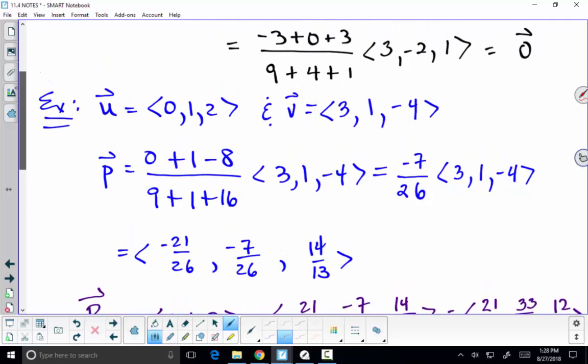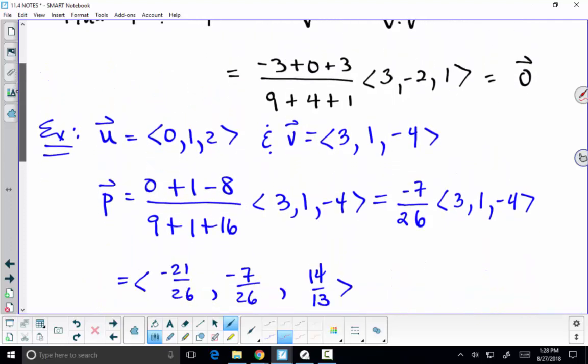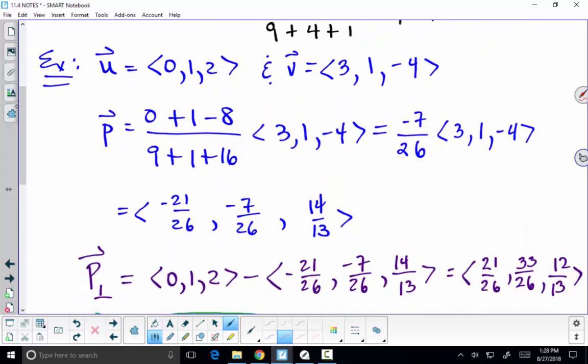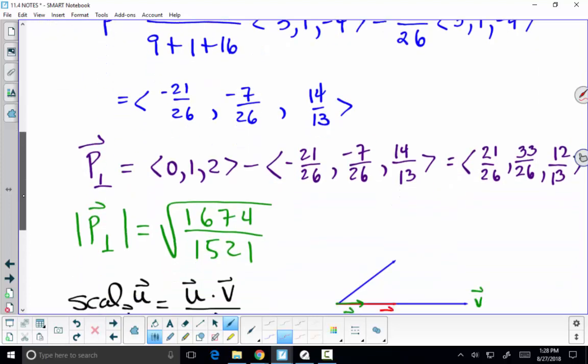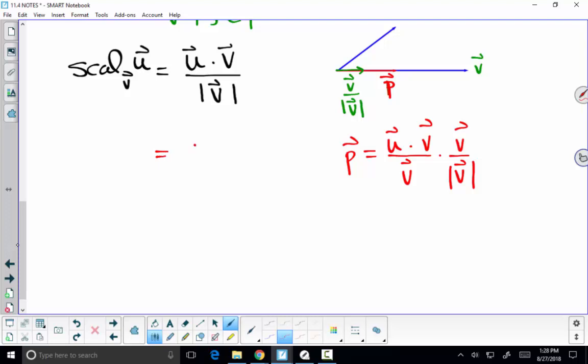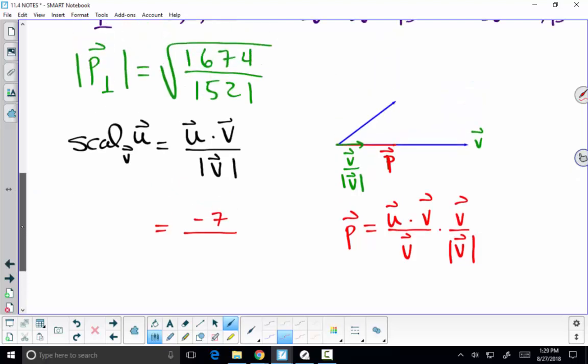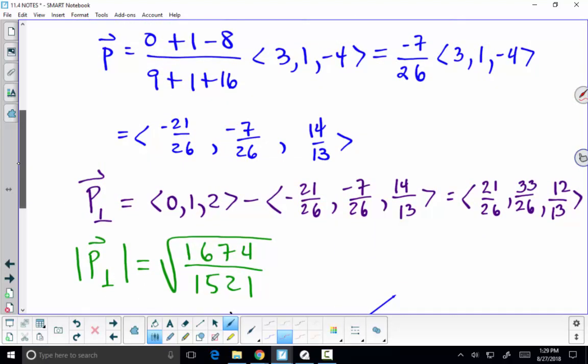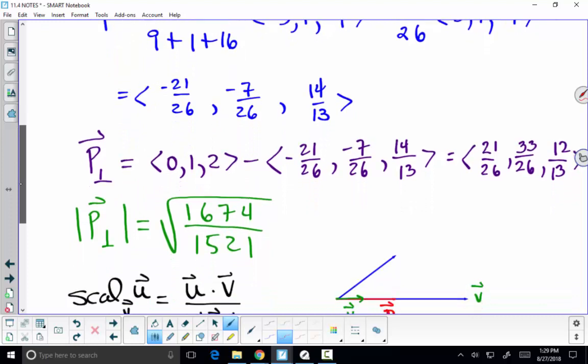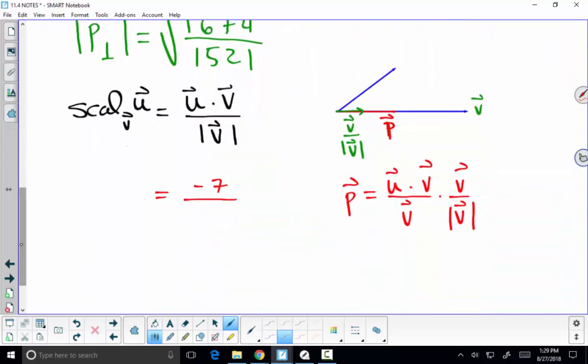So what was our dot product up there? Our dot product ended up being 0, 1, 8, so -7, and then we divide by the length of v. Did we ever find that exactly? It's the square root of 26.